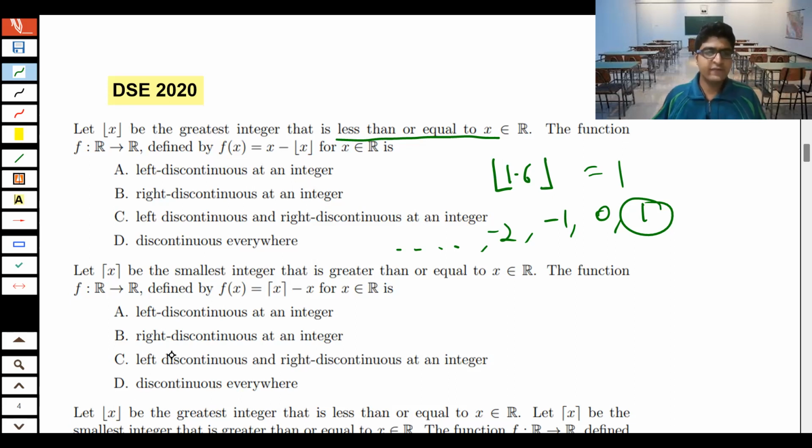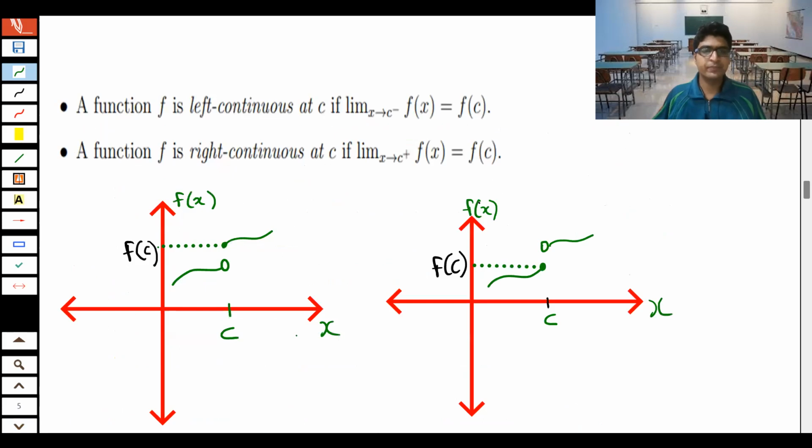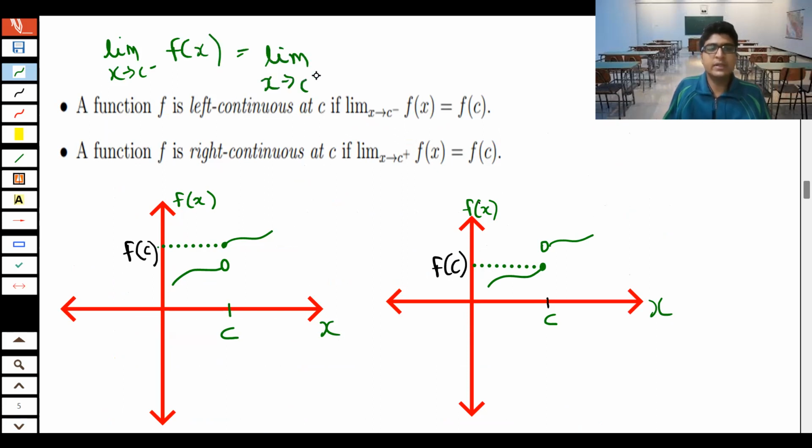So what's left and right discontinuity? We know that in general our function is continuous at point C if the limit as x tends to C minus of f(x) is equal to the limit as x tends to C plus of f(x) is equal to the value of the function at C, right? This is the definition of continuity.